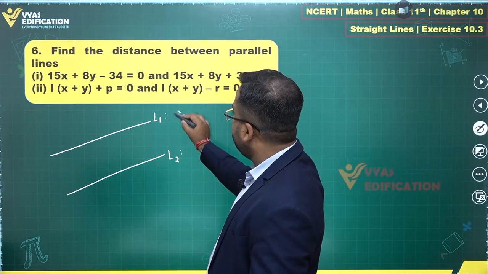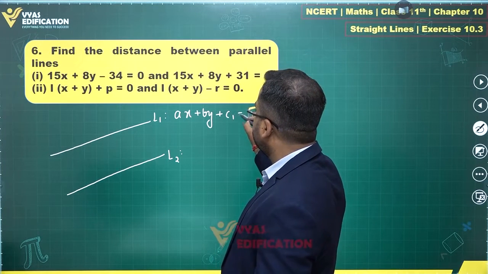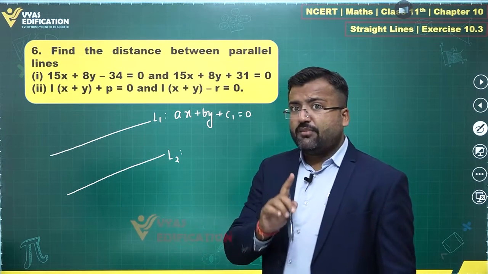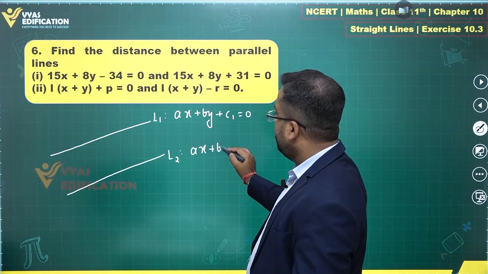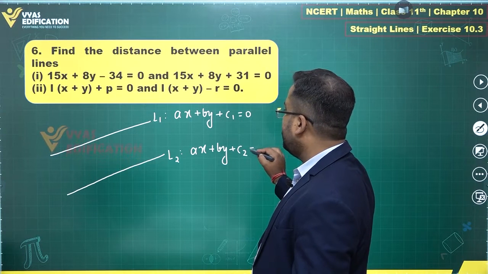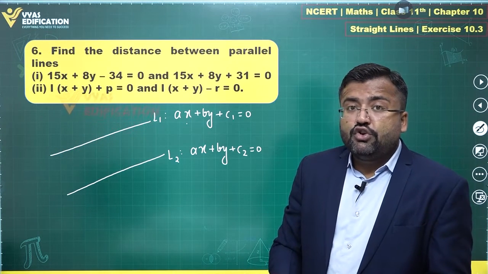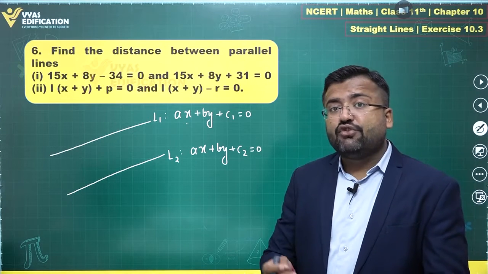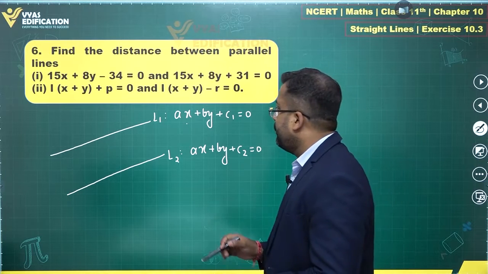The equation is ax plus by plus c1 is equal to 0. And for a parallel line, the coefficients of x and y will be the same. Mind you, coefficients could be proportional as well, but you'll have to make the coefficients the same for applying the formula that I'm using here.